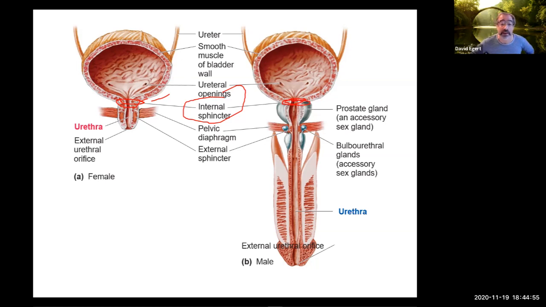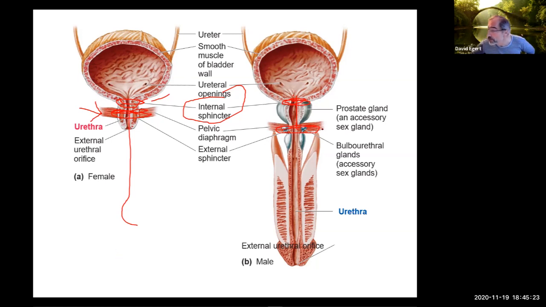It's going to be a spinal reflex integrated in the spinal cord. When that one relaxes, you get more pressure down on the external sphincter. That's when you have the urge to urinate. Again, the external sphincter, which is actually part of your pelvic floor muscles, is skeletal muscle. So then you can choose, is it time to pee or not? You can relax it. And if you do, you pee.